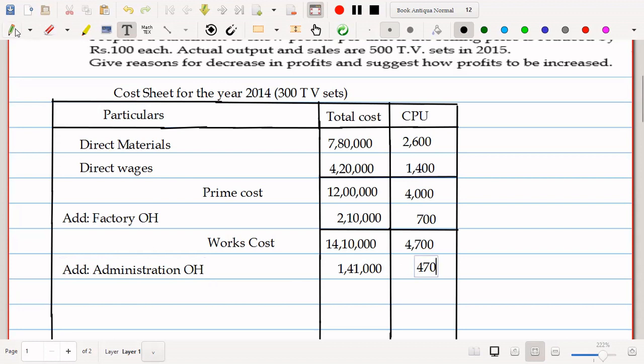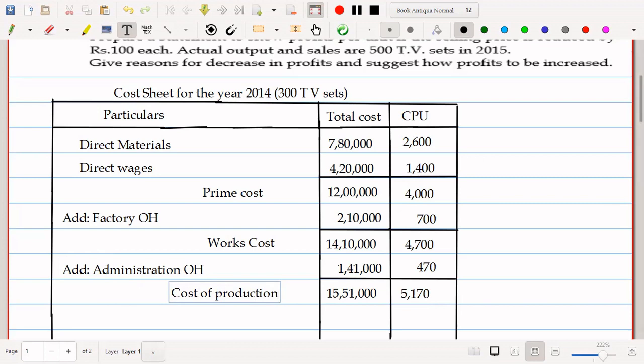Let's add this again. What will be the total here? It is 15,51,000. And per unit cost it comes to 5,170. So what is this? This is cost of production.